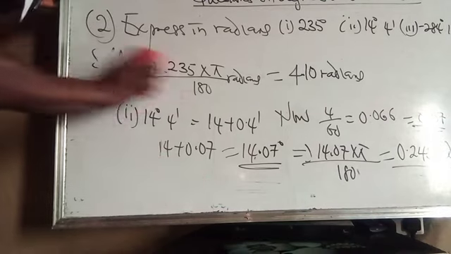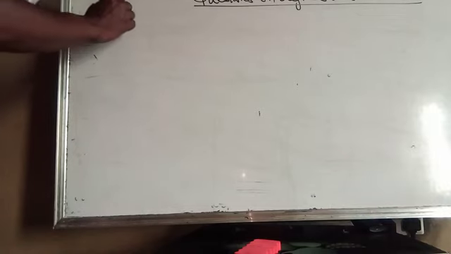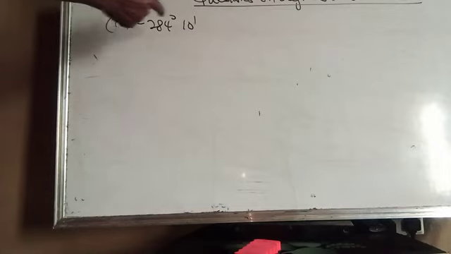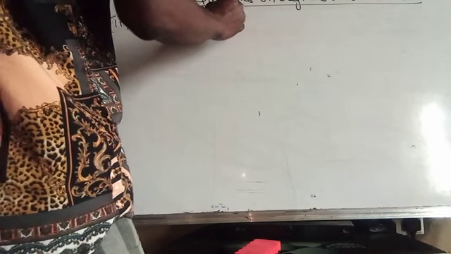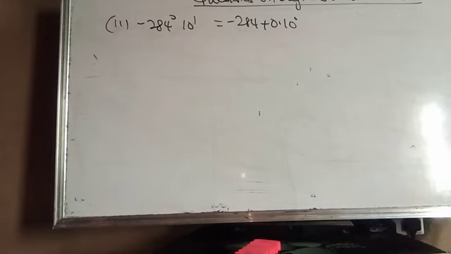Now the last one under this example, you are asked to express minus 284 degrees 10 minutes. To convert that, you first have to convert the minutes to degrees. So it's minus 284 plus 10 minutes.